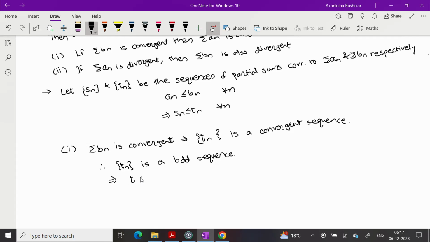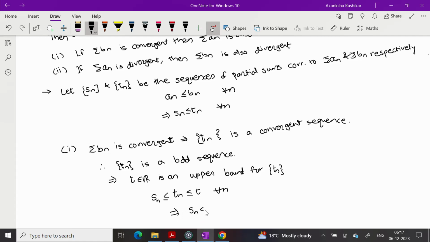So T belonging to R is an upper bound for Tn, and if it is the least upper bound, then Tn converges to the same T. T is an upper bound for Tn means Tn is less than or equal to T for every n, and we already know Sn is less than or equal to Tn. So this implies Sn is less than or equal to T for every n.